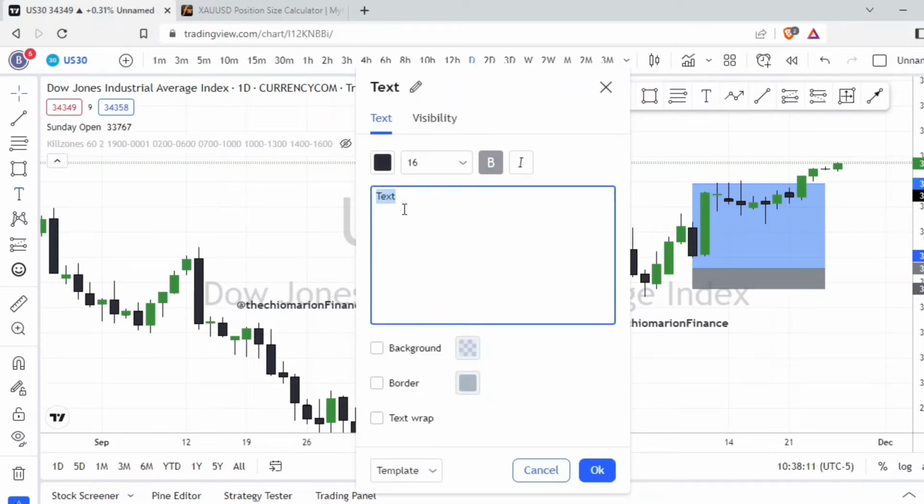So using a $10,000 USD account balance, 100 points in price movement is equal to $1 per point, right?